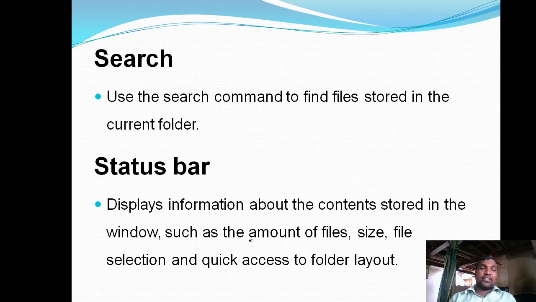The next one is the search bar. Use the search bar command to find files stored in the current folder. For example, in whatever folder you are opening, say My Computer, This PC, all the drives available in that particular PC are displayed.